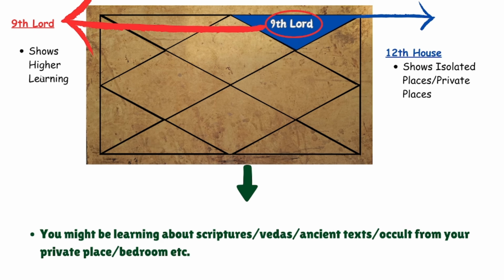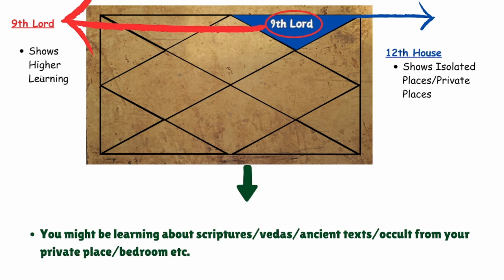Ninth lord shows your higher learning. Now, higher learning, it is in the sense of spiritual learning, the higher wisdom that a person can get. And the 12th house shows isolated, secluded, private places.